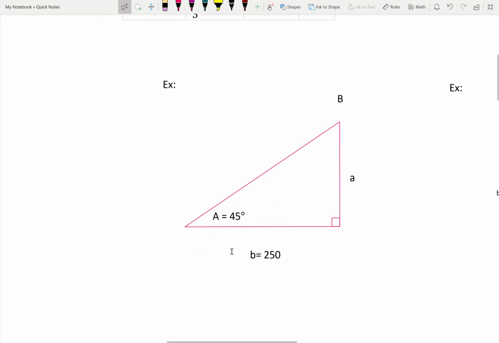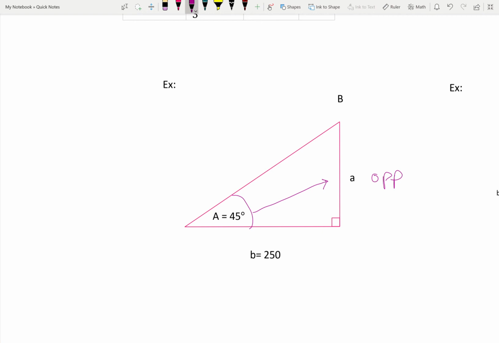I'm given a right triangle where I know that one angle is 45 degrees. The adjacent side has a length of 250, and they want me to solve for A. So A, relative to this angle, is the opposite side.